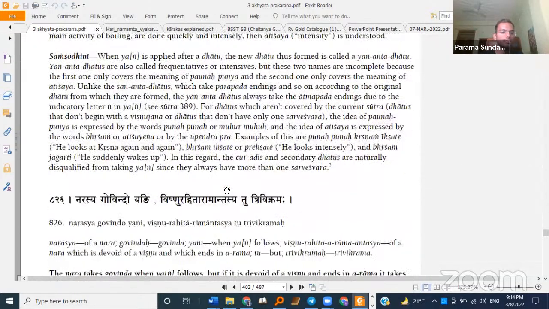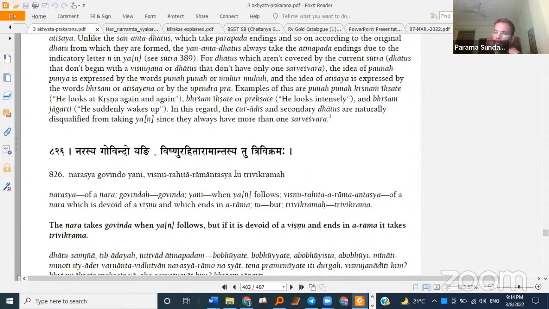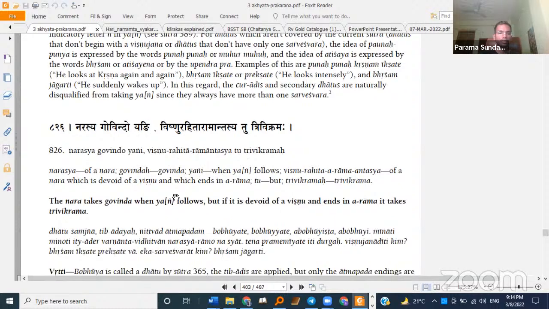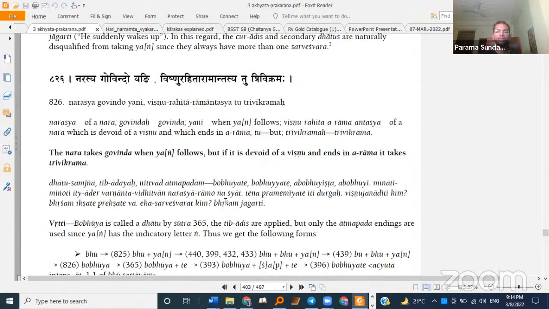So, then Narasya Govindo Yangi, Vishnu Rahita Ramantasya Tutri Vikramaha. The Nara takes Govinda when Yaṅ follows, because Yaṅ is there, so that's a Paranimita too for reduplication. Dhatu Diruchanamadhokshira Sannam Yangshu. So we reduplicate, and when Nara is there, it takes Govinda.